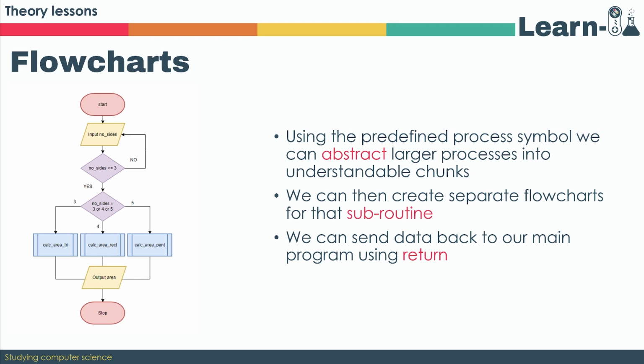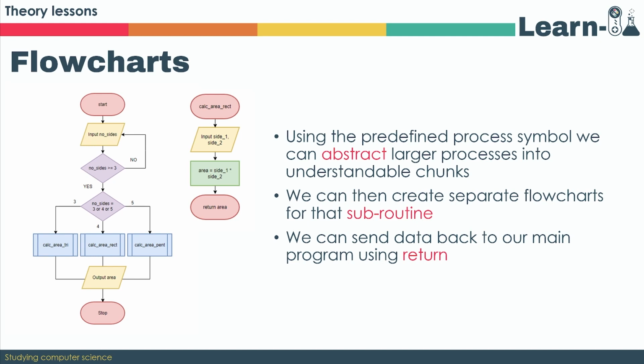So I'll take one of these as an example. So if I break down calc area rect, I would then do the next steps, which is to break that down. So calc area rect, I would use a terminator symbol still, but I would match whatever I've called my subroutine. So we've got calc area rect to denote that that's where we're starting. We'd then input two variables, side 1 and side 2.